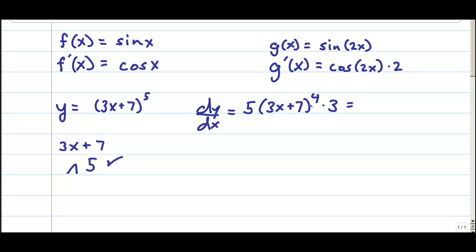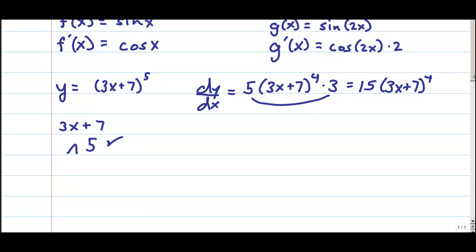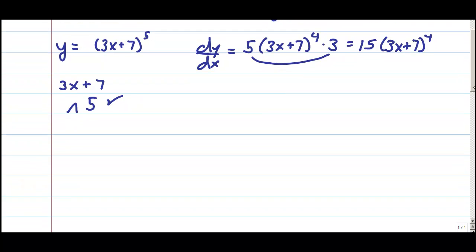So now, putting everything together, I can multiply these two and get 15 times (3x plus 7) to the 4th. And there's my derivative. So everything we've learned about the power rule, the product rule, the quotient rule, all of that, we don't want to forget when we're dealing with the chain rule.